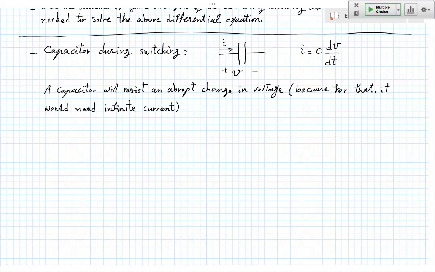It's not to say it never happens. If you put a voltage source across a capacitor and change the voltage of that source abruptly, well, it's forced on the capacitor. But you can do that only on paper, not in real life.